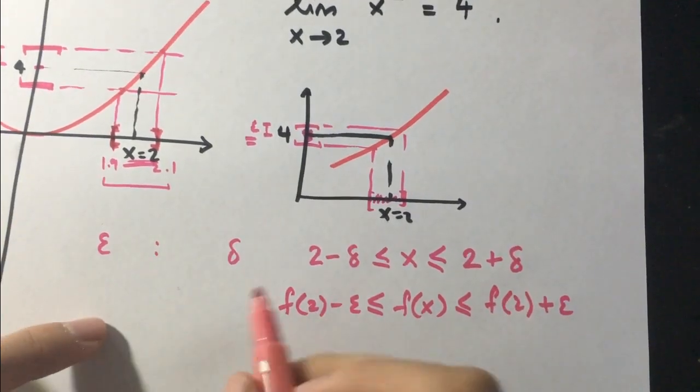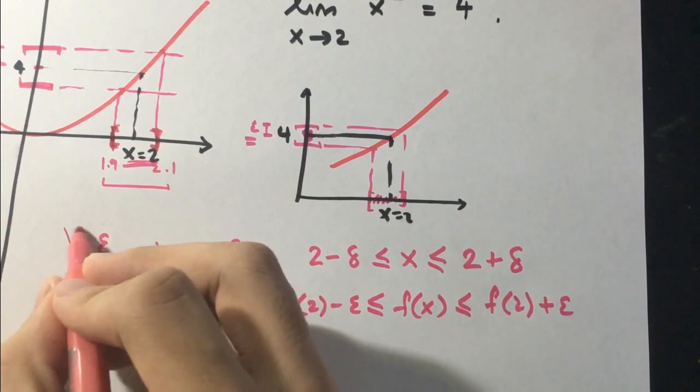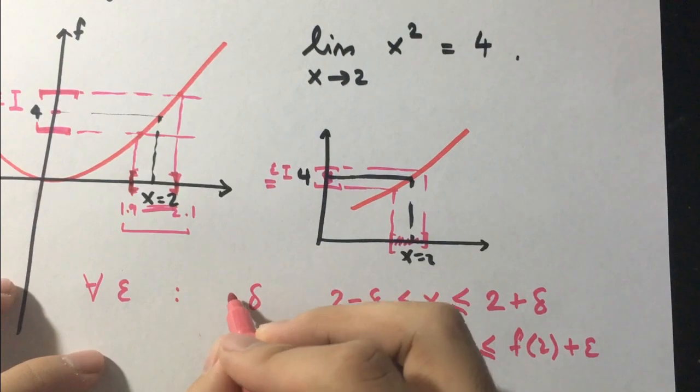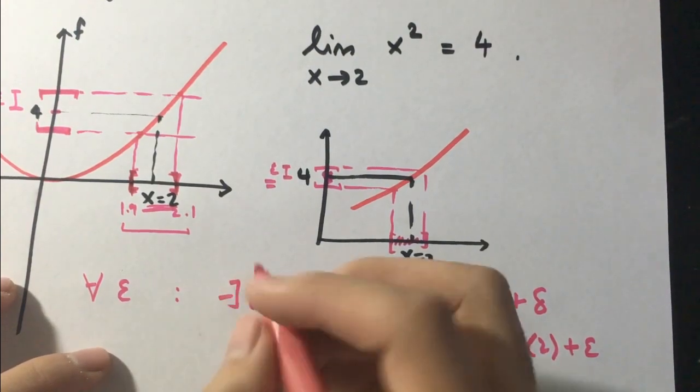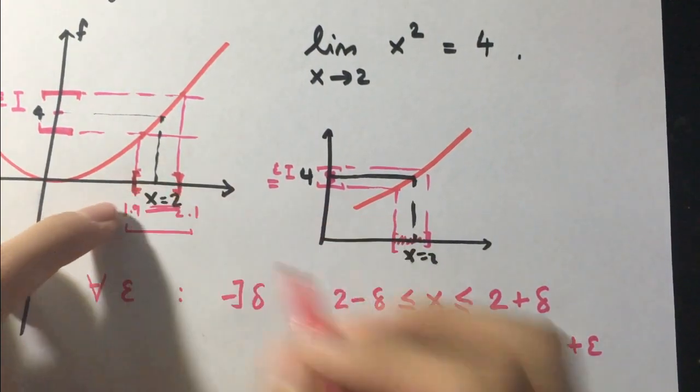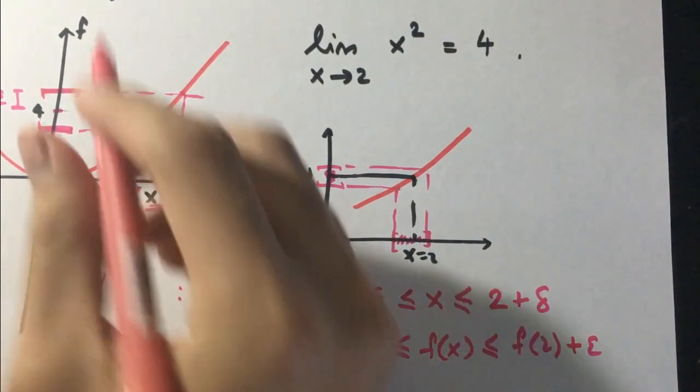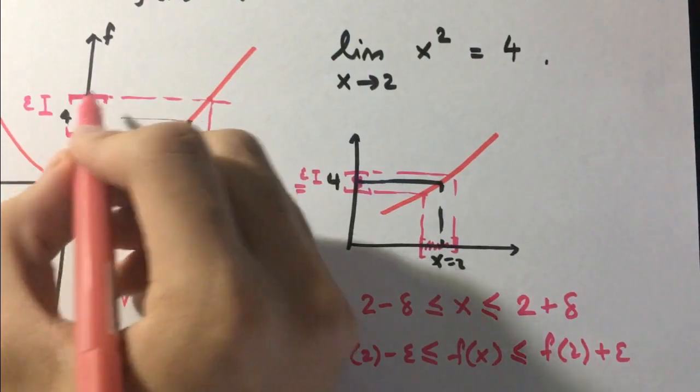Basically, what this is saying is that for every epsilon that we have, any size of this box, there exists a delta, a box of some size, such that if we have an x within this box, then f of that x will be within this box.